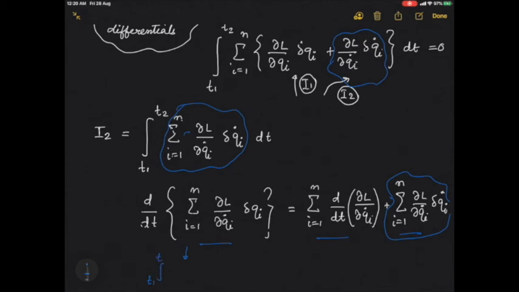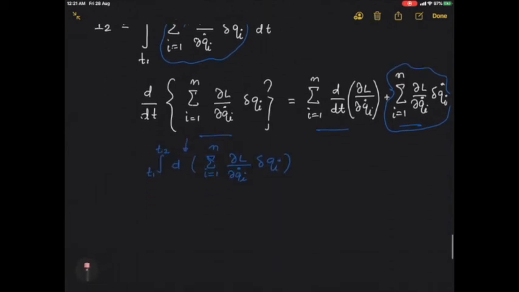And what happens to the first term? When I put it back into the integral, this is just the integral t1 to t2 of d of, see, the dt and dt cancel out, d of the summation I equals 1 to n del L del qi dot delta qi, and I can evaluate the integral immediately, which means that this just becomes this evaluated at t1 and t2.